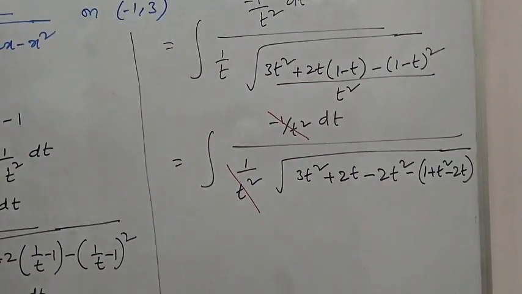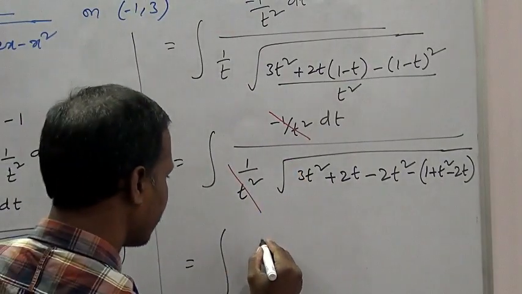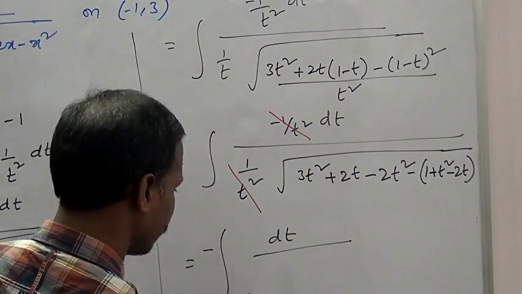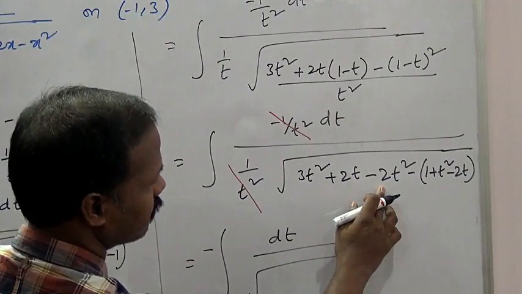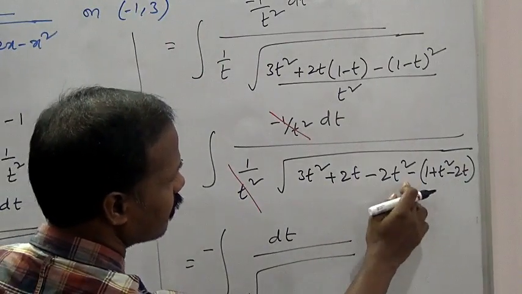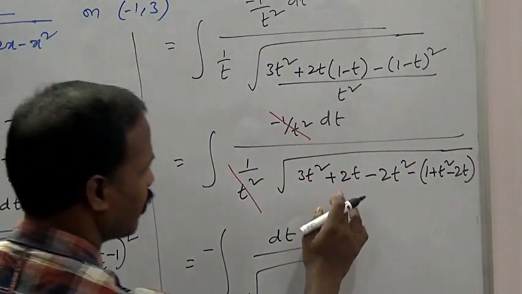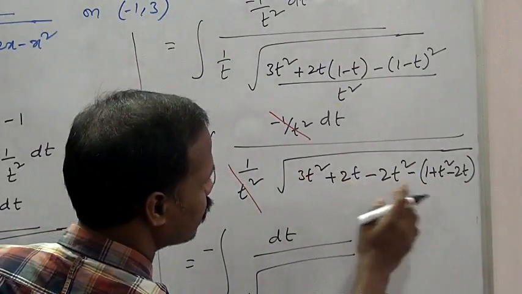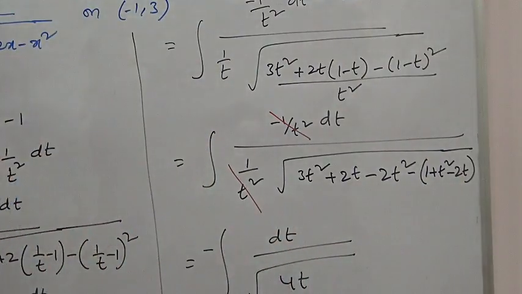Now this is equal to minus integral dt by square root of 3t square minus 2t square. Here also minus t square, that means 3t square will be cancelled. Now what is remaining? 2t plus 2t, 4t.